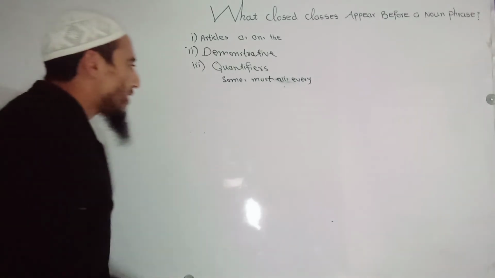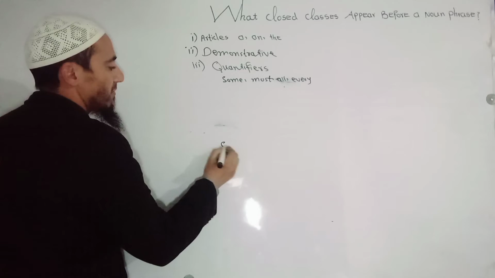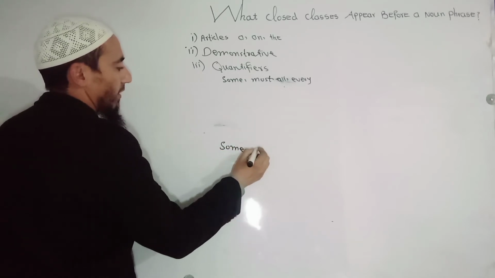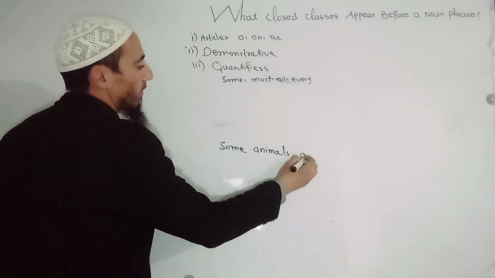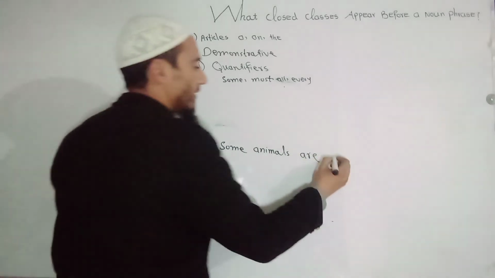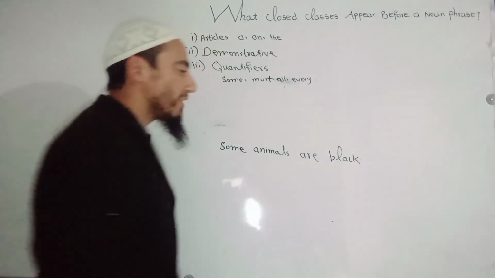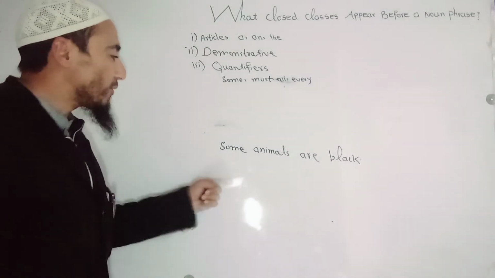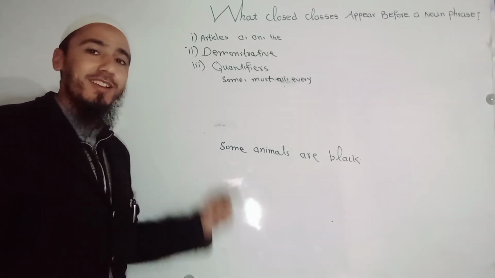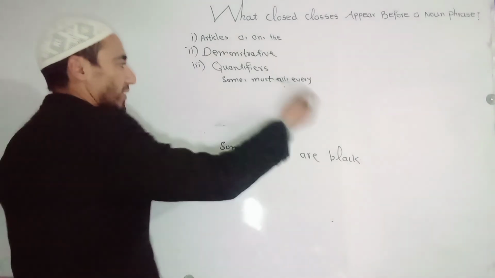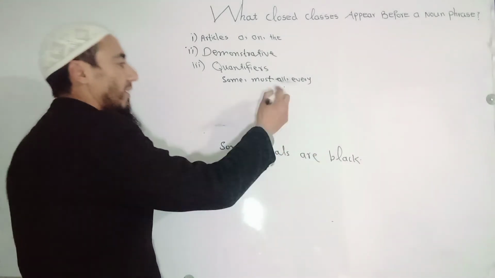Okay, let me write one example. Some animals are black. You see, in this sentence we have a quantifier, and that is some. So it appears before a noun phrase.